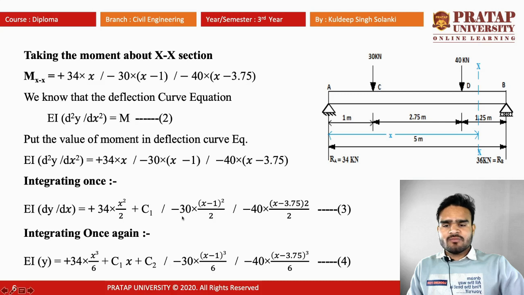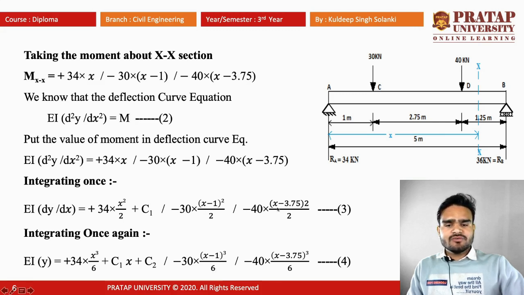Separated by an oblique, minus 30 times the integration of (x − 1)²/2. Consider this term as x; the integration of x² is x³/3, and 3 times 2 is 6. So the integration of (x − 1)²/2 is (x − 1)³/6.